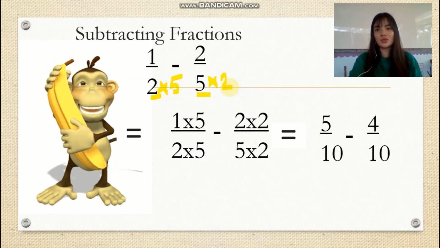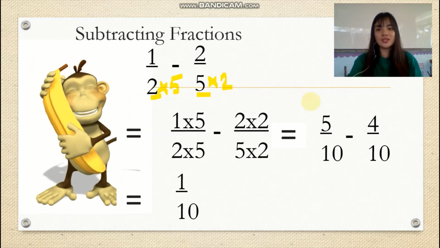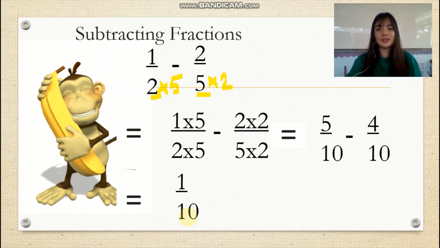Now we can subtract our numerators. So 5 minus 4 is equal to 1. Then we can just carry our denominator, which is 10. So our answer is 1/10.